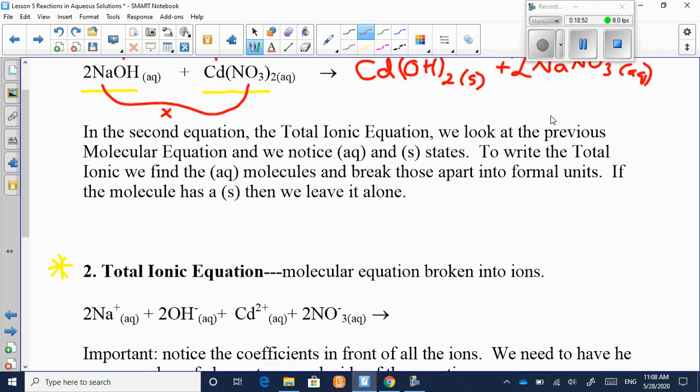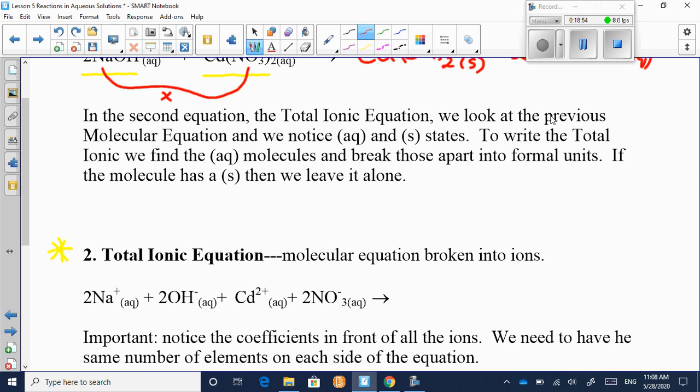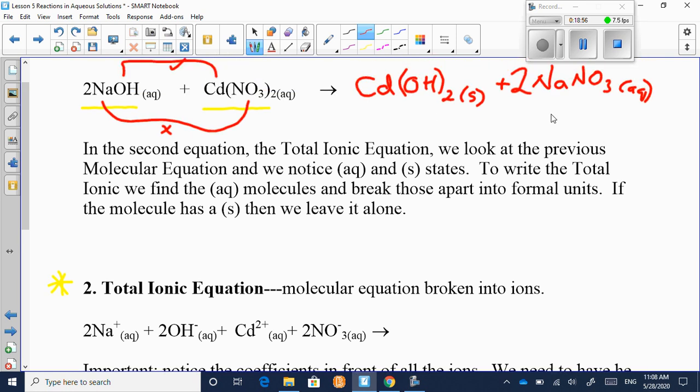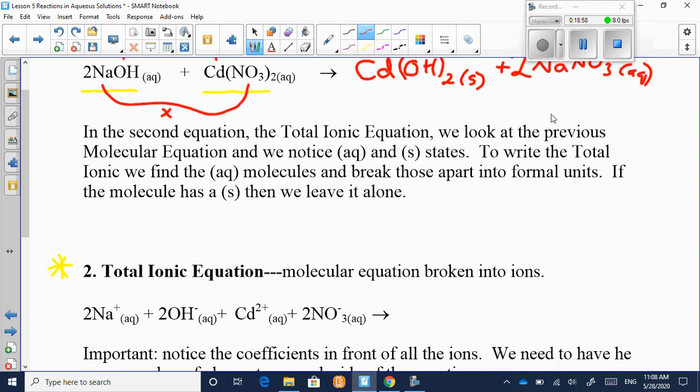But step number 2 is to write what we call the total ionic equation. I'm going to try to leave the two of them on my screen here so you can see this. But look at what we're going to do. Basically anything that is aqueous, we are going to write in its ion form, because in a way, it's a better indication of what we're actually looking at, that they're not attached, they're actually separated into their ions.